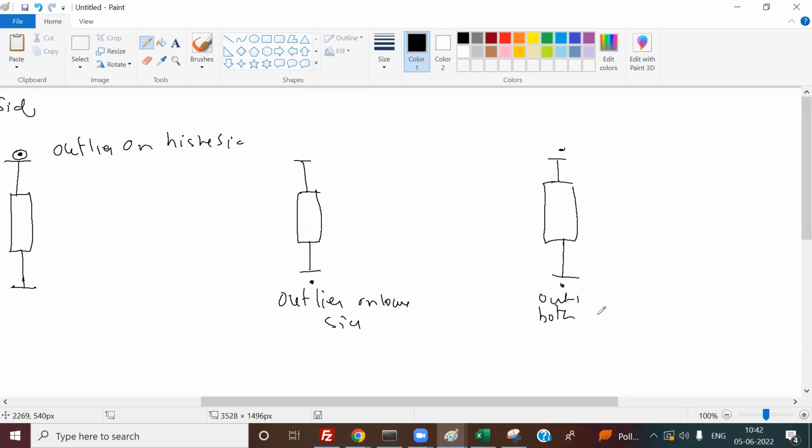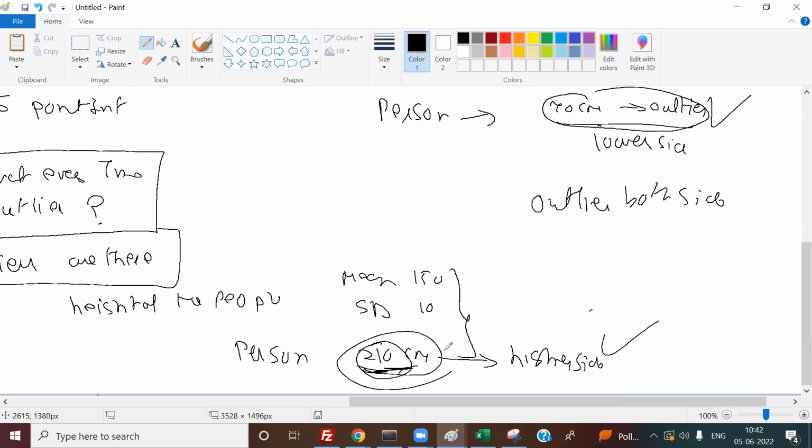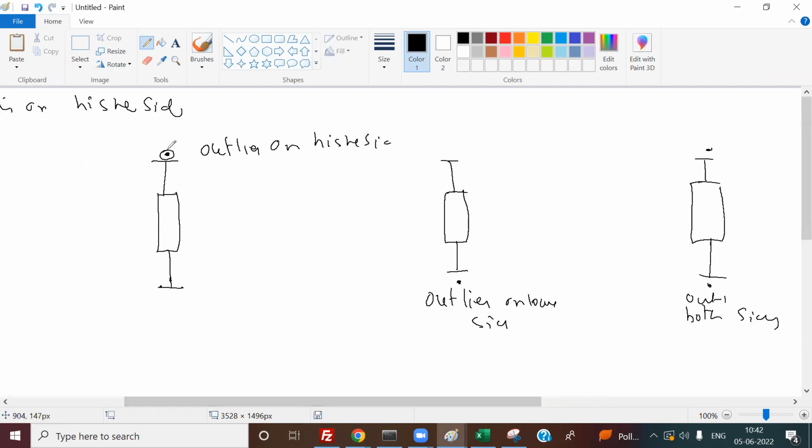Outlier on both sides. Okay? And it is not necessary that you always have 1 point. You can have more than 1 point also. So let's say there are two persons, one of height 210, another of 211. Then probably you would be having 2 points over there. Okay?